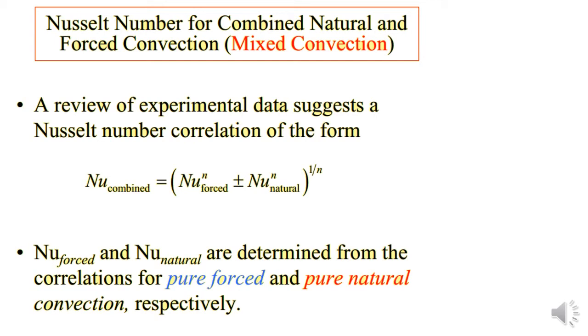The plus sign is for the case that helps the forced convection, and the minus sign is for the one that hurts the forced convection. Here n is in the range of 3 to 4, but normally we use 3 because the value is approximately accurate. Nusselt number for forced and natural convection are determined from the correlations for pure forced and pure natural convection respectively.